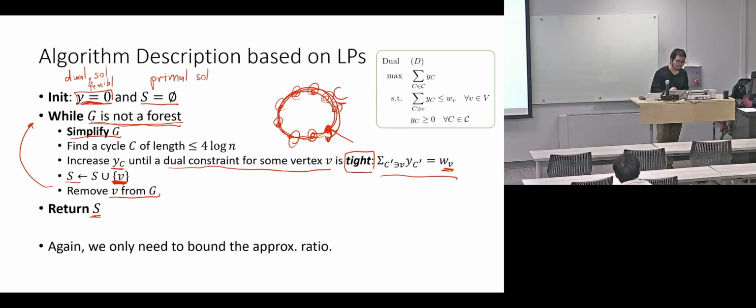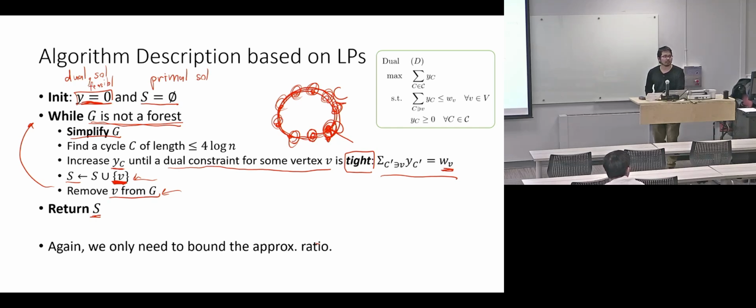Who has the smallest remaining capacity? Pick that one. Then you pack the cycle, so you decrease the capacity of everyone in the cycle, but the guy that you choose will become 0. Okay, good. Then everything is polynomial time.